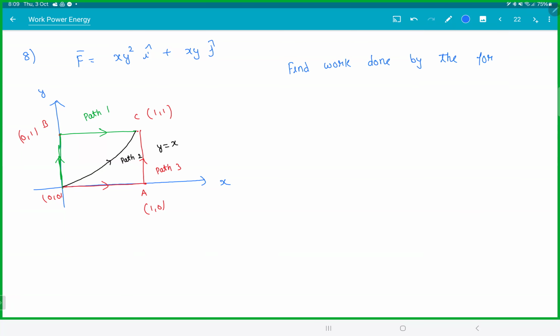The force is constant; you are taking different paths. When it goes along, first OAC, then OC directly along the parabola whose equation is y is equal to x square. Sir, y equals x square or x? Then OBC. So get them.